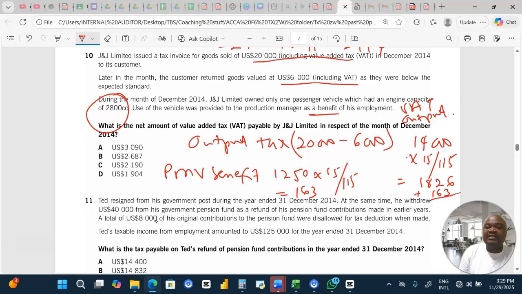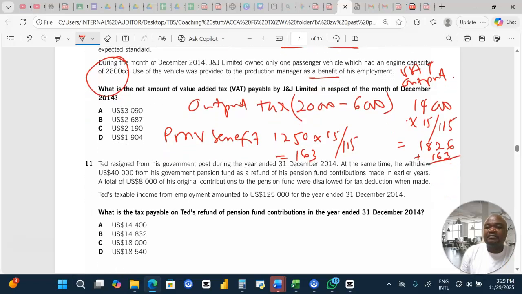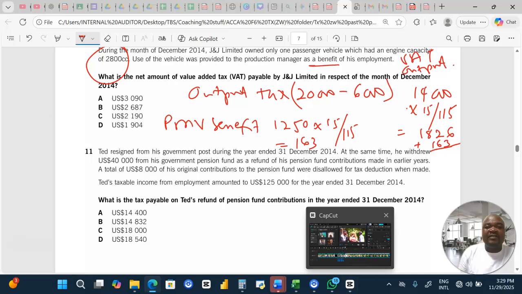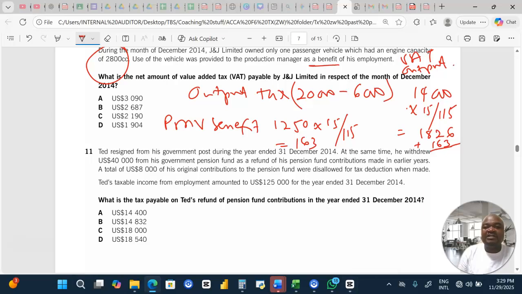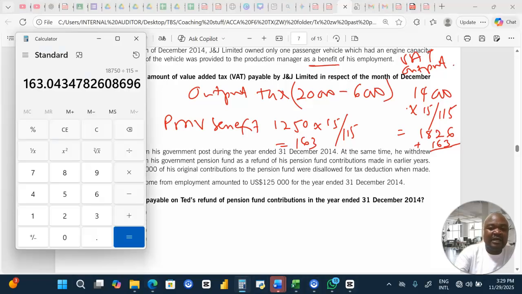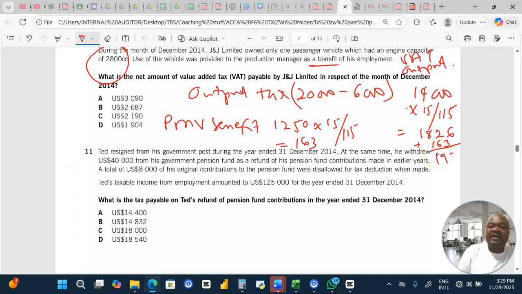And what do we get in total? What is the net amount of VAT? So the net amount should then be 1826 plus 163. That's 1989. And somebody started to ask me, but we don't have that amount here.